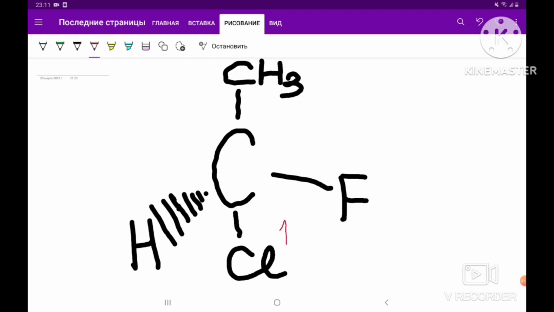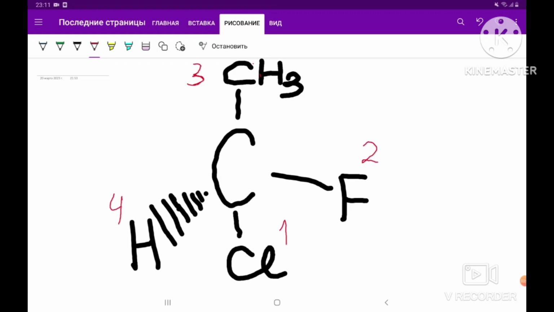Or rather, it is more correct to say mass number. So chlorine has a mass number bigger than fluorine, and fluorine has a mass number bigger than carbon, which is CH3. We put chlorine as the first element, fluorine second, carbon third. Hydrogen is always the last one, it's always 4.